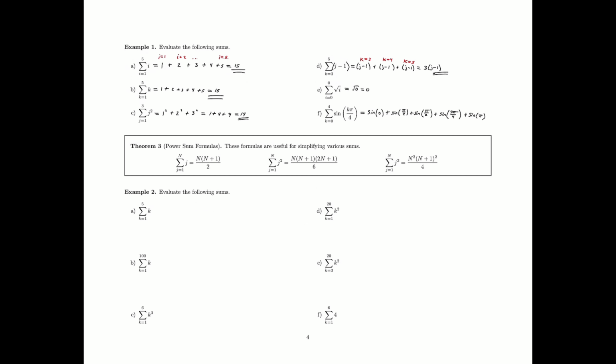Of course, sine of 0 is 0, sine of pi is 0, sine of pi over 2 is 1, sine of pi over 4 is root 2 over 2, sine of 3 pi over 4 is also root 2 over 2. So we should get 1 plus root 2 as the answer.